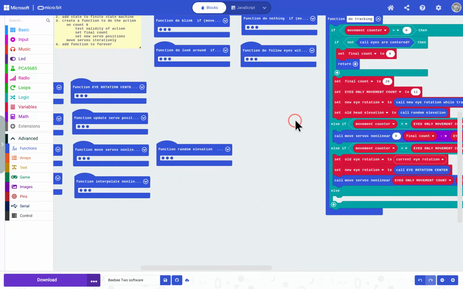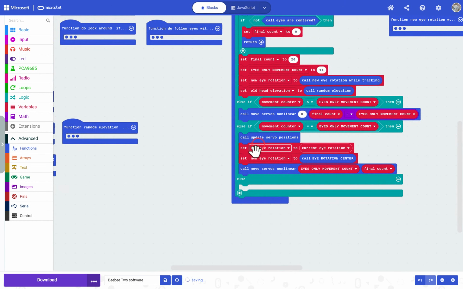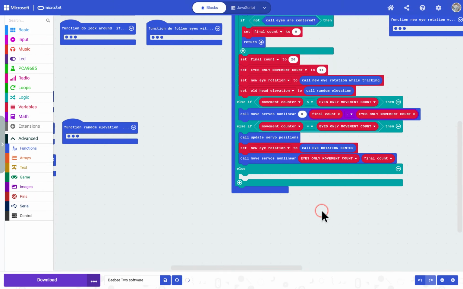It does a little bit more than that, but I'm okay with that because I like using the same function over and over again. It just does everything that it needs to do. That way, I don't have to worry about which ones are moving, which ones are not moving.